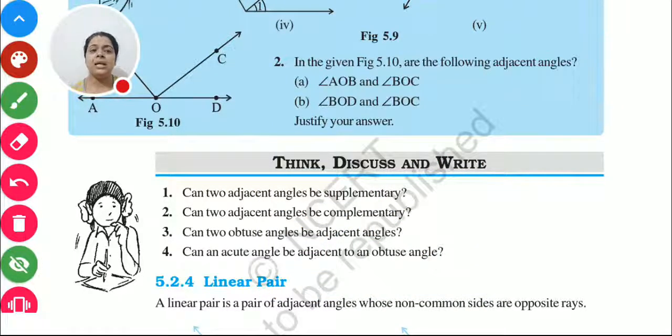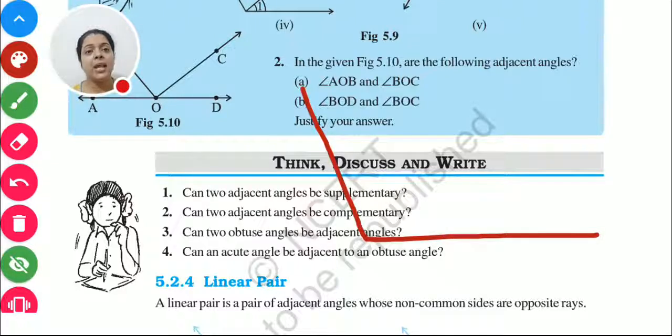Now, can two obtuse angles be adjacent? Obtuse angle means more than 90 degrees. One angle is more than 90 degrees, another, where will you make it? Where will you make two obtuse angles? One is more than 90 degrees, another, how will you form it?